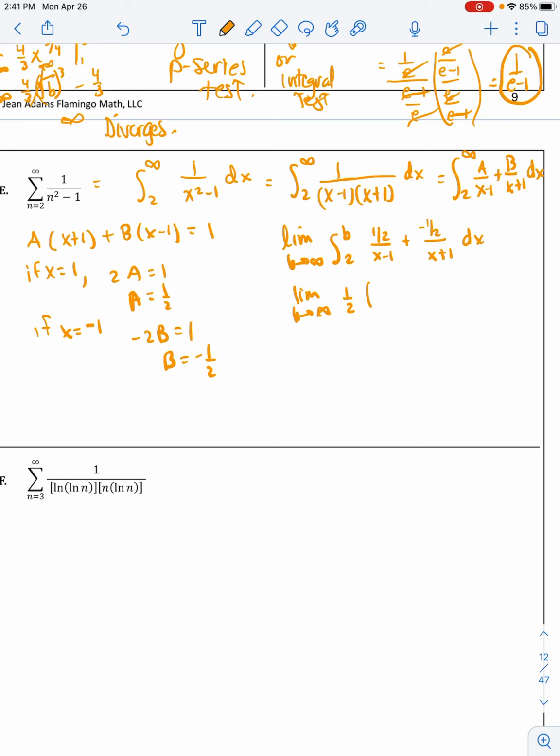Limit as b goes to infinity. I'm going to pull that 1/2 out front. And this is going to be the natural log of the absolute value of x minus 1, minus, because I still have that negative there, the natural log of the absolute value of x plus 1, from 2 to b.